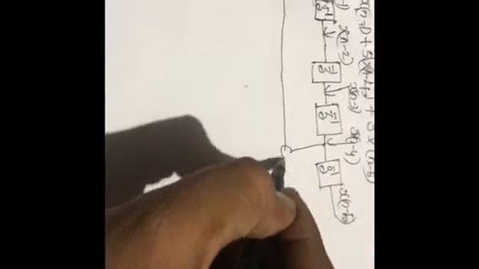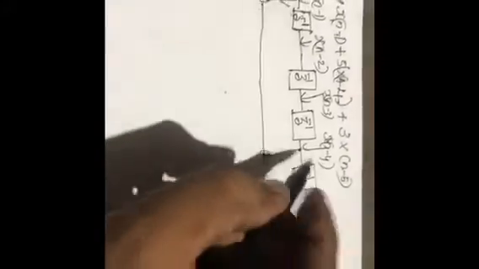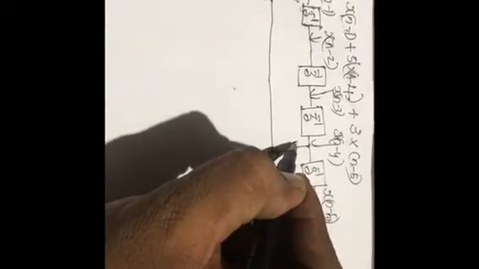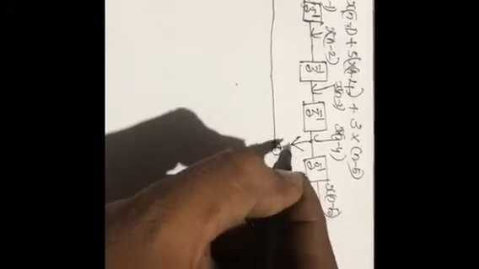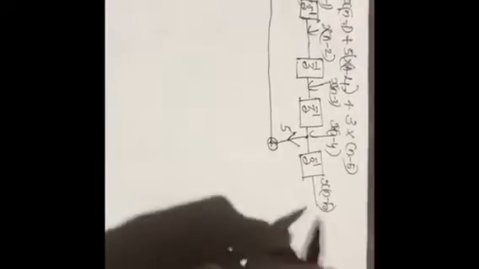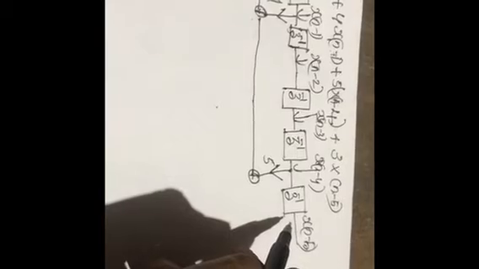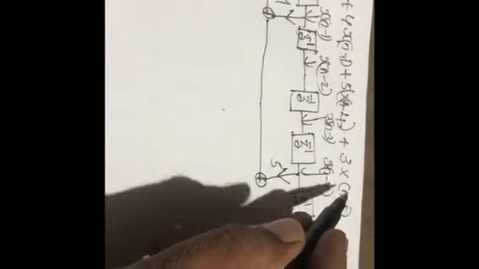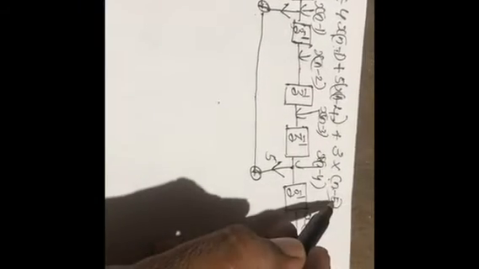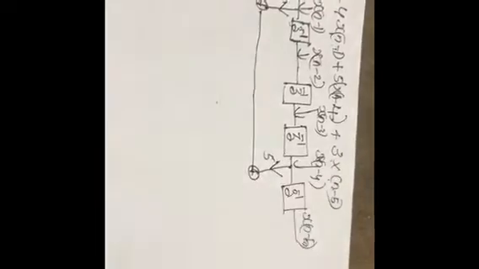Here we use another summer, and x(n-4) is multiplied by a coefficient 5. Then after x(n-4), the next sequence is x(n-5), which is multiplied by a coefficient 3.